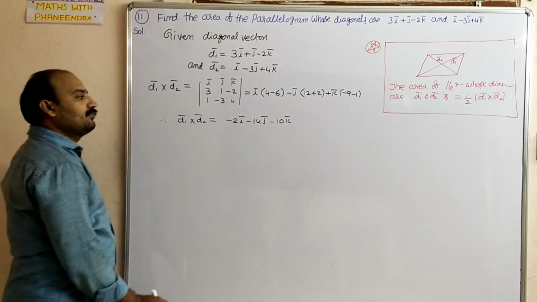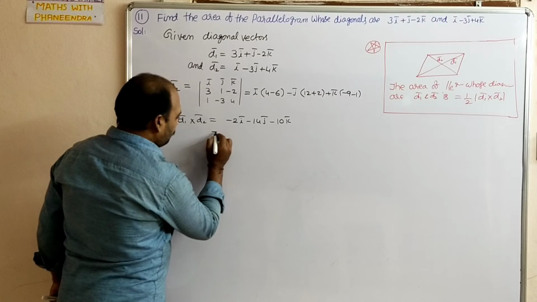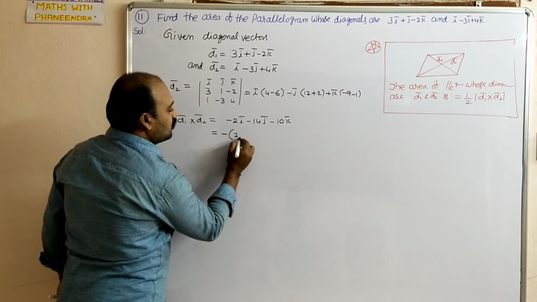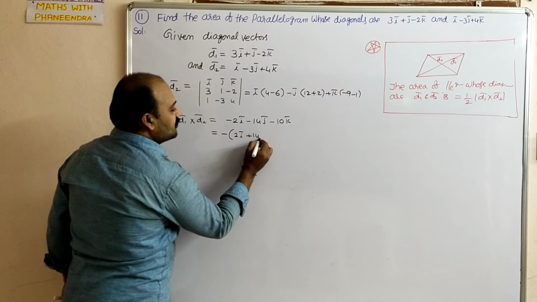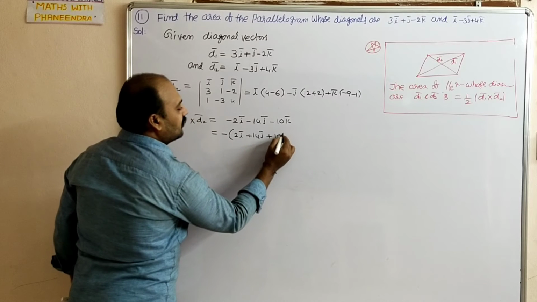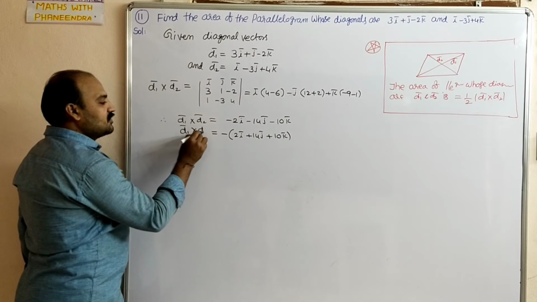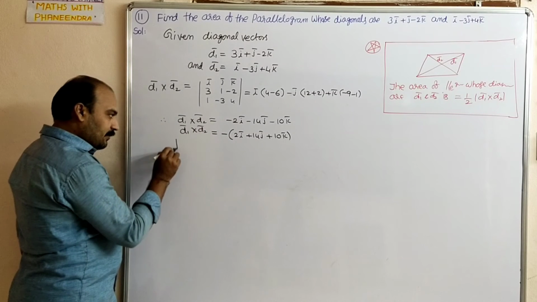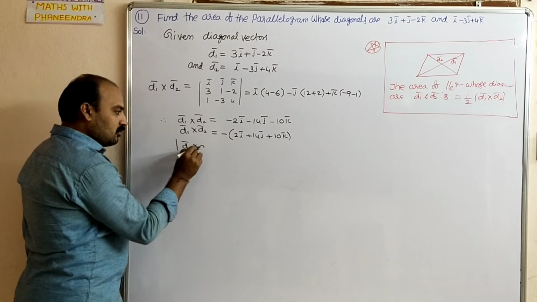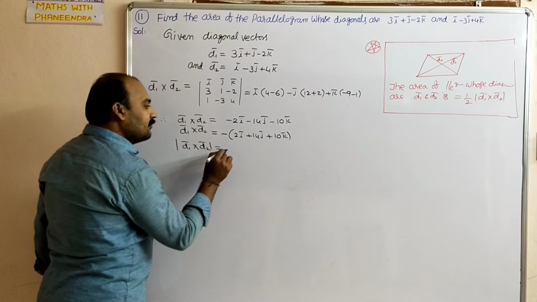So now, minus you take common, 2i plus 14j plus 10k. So this is the value of D1 bar cross D2 bar. You can calculate the magnitude of D1 bar cross D2 bar, magnitude also I am calculating.